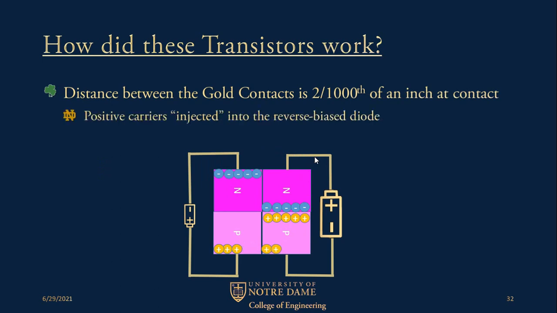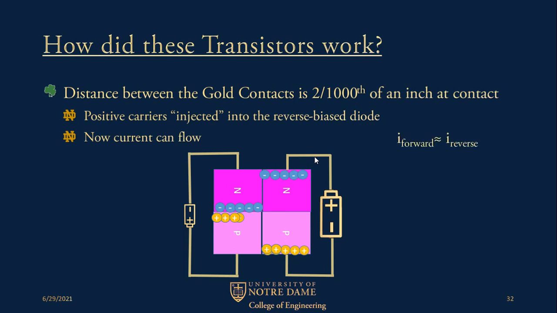So positive carriers get injected into the reverse bias diode, which then creates current flow in both of them. As a result, you are now getting a significant gain. And if you connect a small battery to one side and a large battery to the other, you can get a significant voltage gain with minimal current gain.